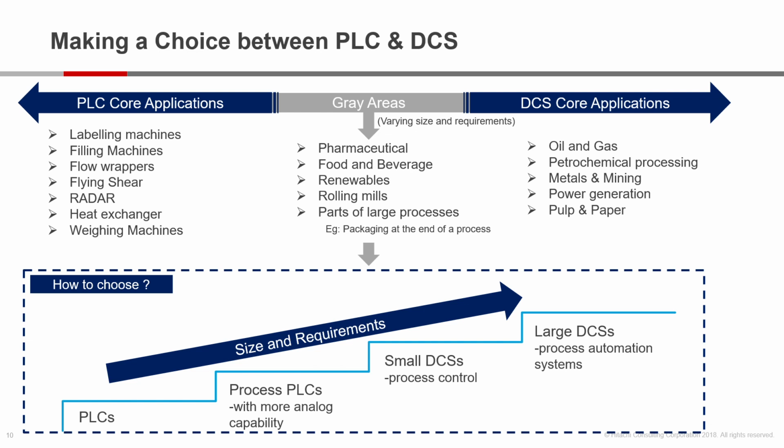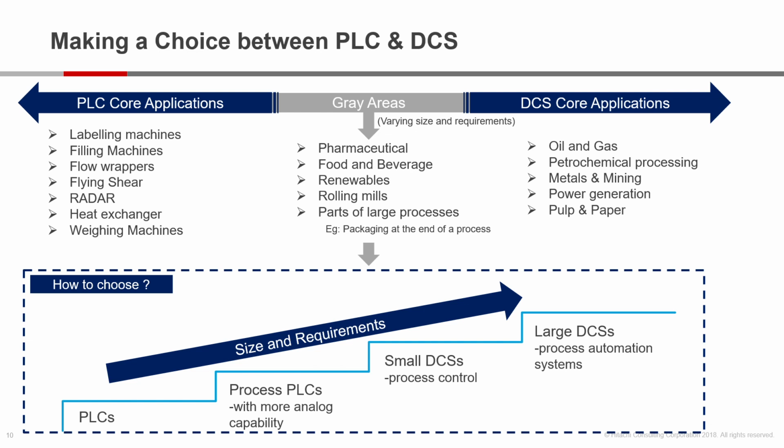What has happened over a period of time is that PLC manufacturers are trying to incorporate more and more features to be able to come closer to what a DCS is. They are also improving the size and memory and RAM of their PLCs so that they can incorporate more and more requirements.